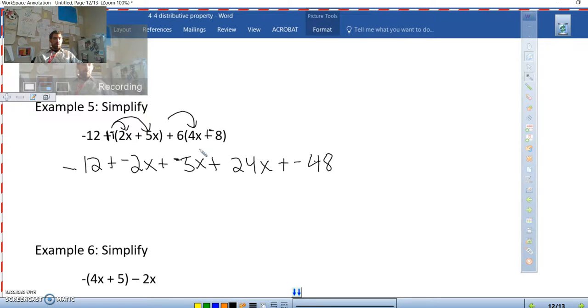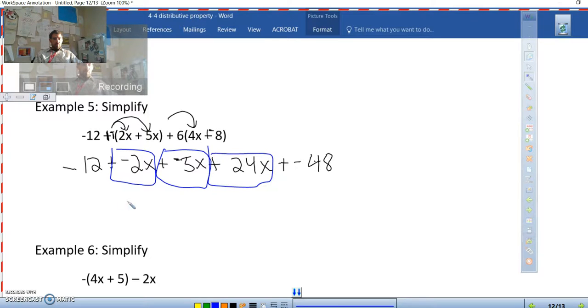And then we combine like terms. This is the tricky part, guys. This negative, we're distributing the negative to both of these terms in here. So then we combine these like terms. We can combine negative 2x plus negative 5x plus 24x.